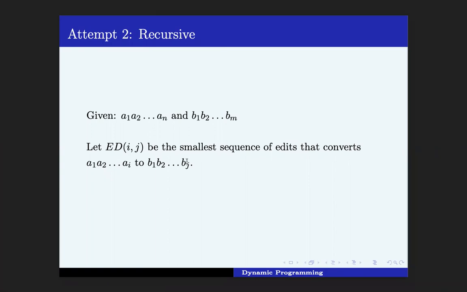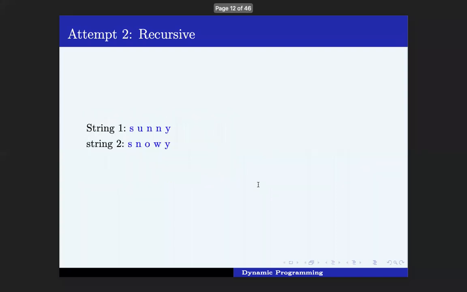If ED(i,j) is the smallest number of operations required to change A1 to Ai and B1 to Bj, the idea is that if the last bit is the same, then one option is to just keep this Y and change SNOW to SUNN.